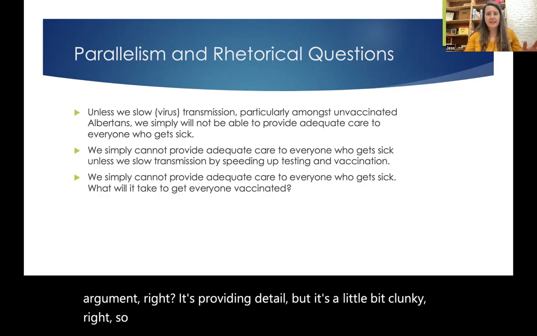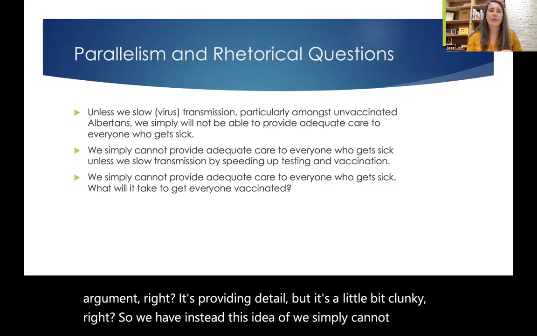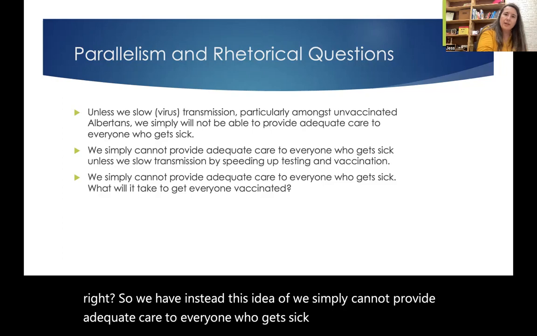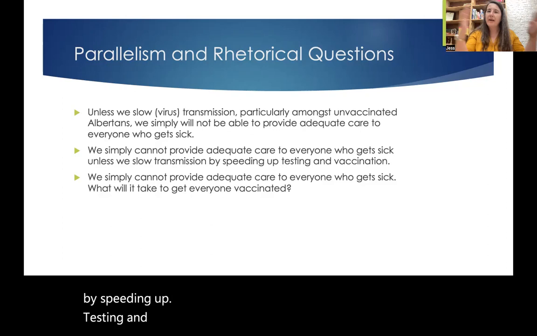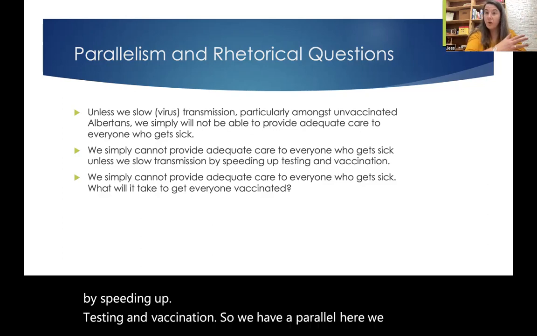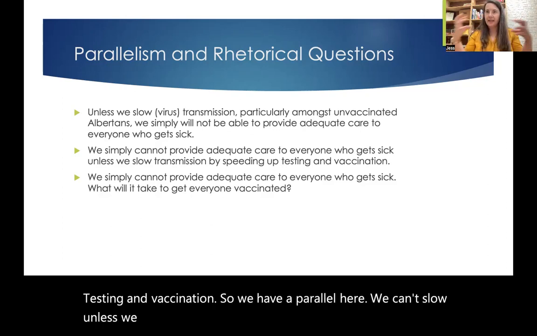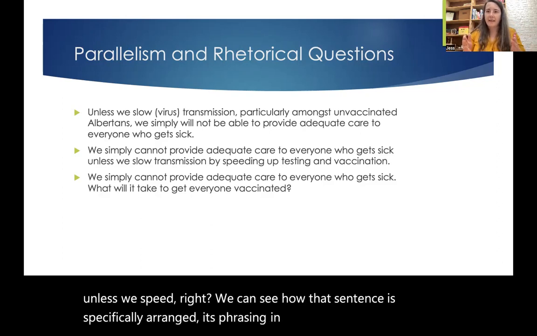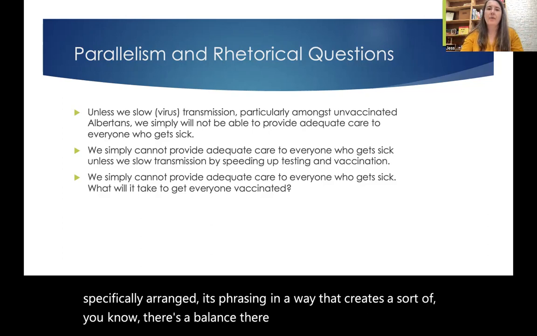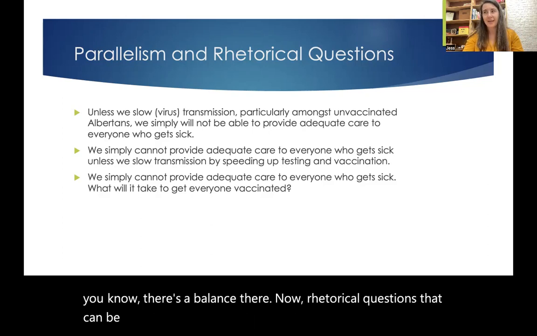So we have instead this idea of we simply cannot provide adequate care to everyone who gets sick unless we slow transmission by speeding up testing and vaccination. So we have a parallel here. We can't slow unless we speed, right? We can see how that sentence is specifically arranged, its phrasing, in a way that creates a sort of balance there.